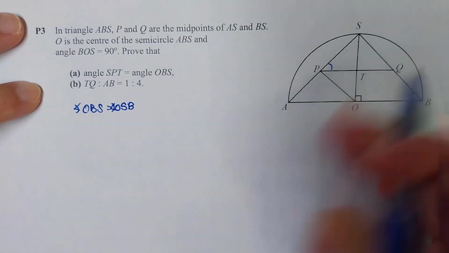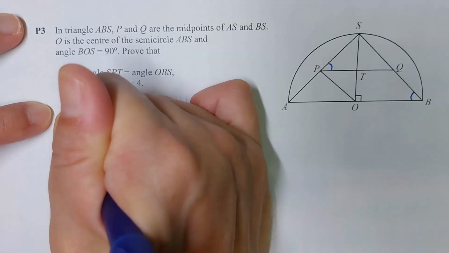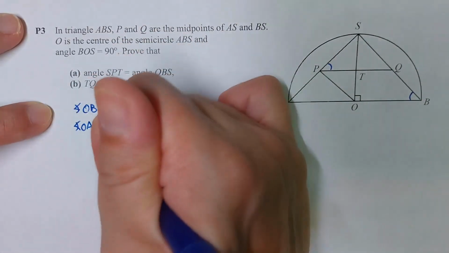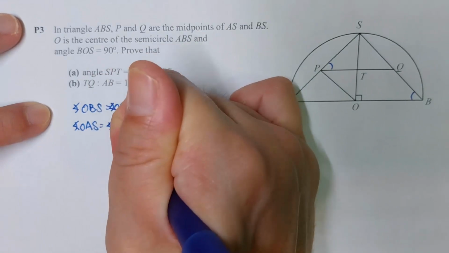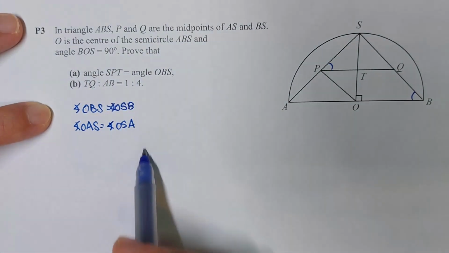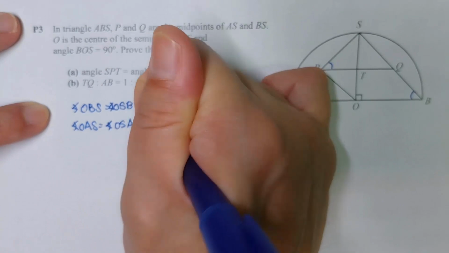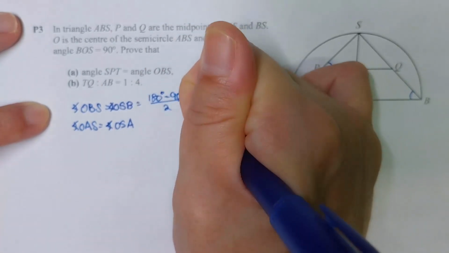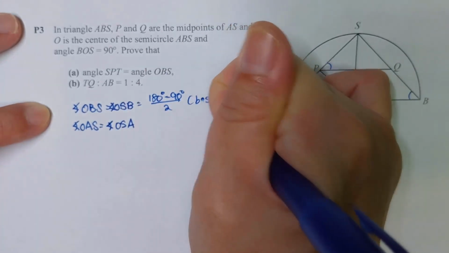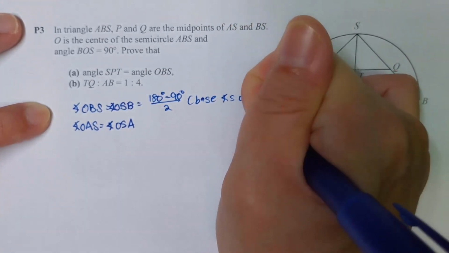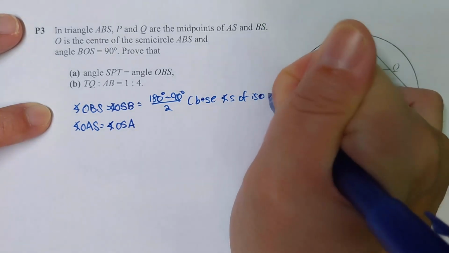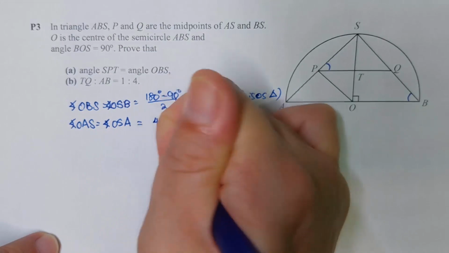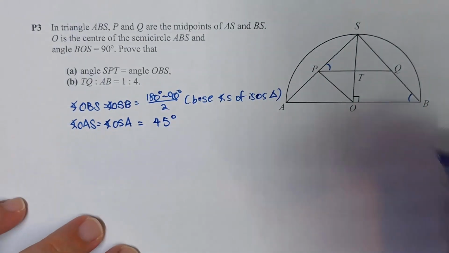Angle OAS will also be equal to angle OSA. Both will use the same method. It is 180 degrees minus 90 divided by 2 because of base angles of an isosceles triangle. And they will all be equal to 45 degrees.